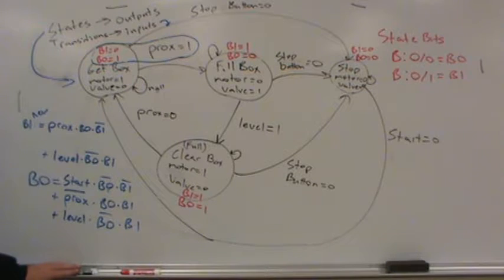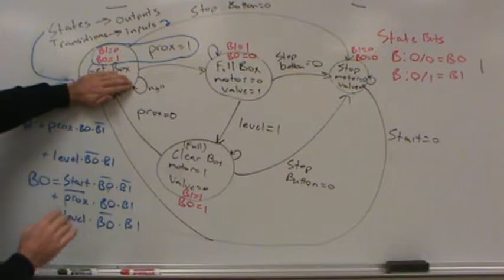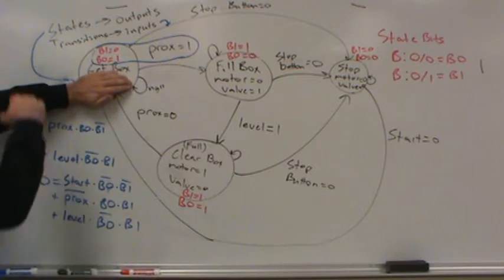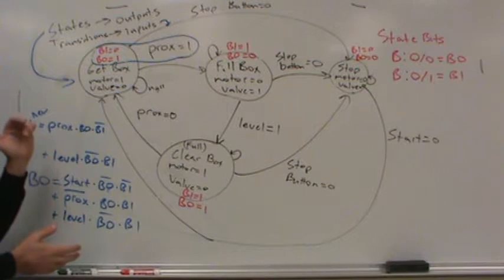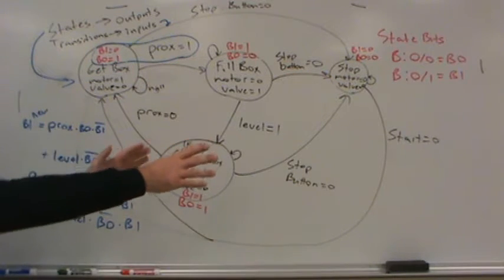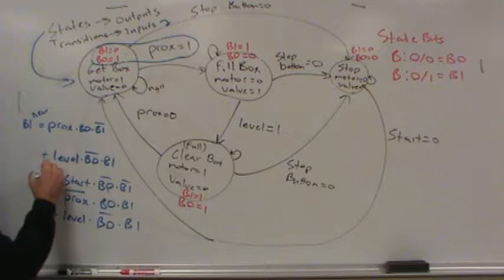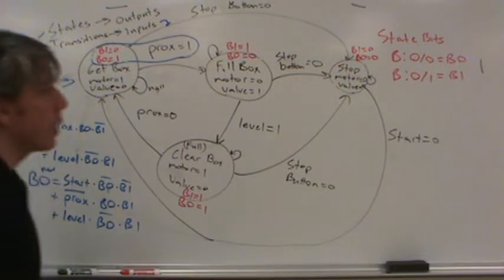And notice, we do not want this to be based on the outputs in the state. Those outputs are going to be driven based on the bits, nothing else. The transition logic has to be based on the current state and the inputs. Okay? So we have some more ORing to do, but I'm going to put it over there because we're running out of space over here. And of course, all these would be new values, which is the other problem that I alluded to, but I'll show you how to take care of that in the program in just a minute.